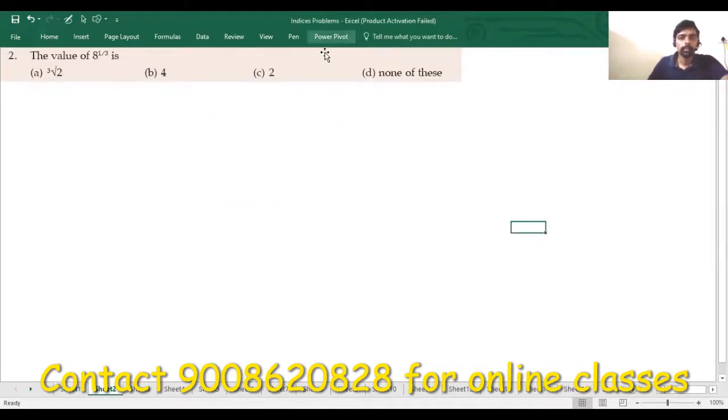Guys, second question. The value of 8 whole to the power 1 by 3. So guys, this 8 can be written as 2 power 3, correct? How? 2 into 2 into 2 is 8, correct?